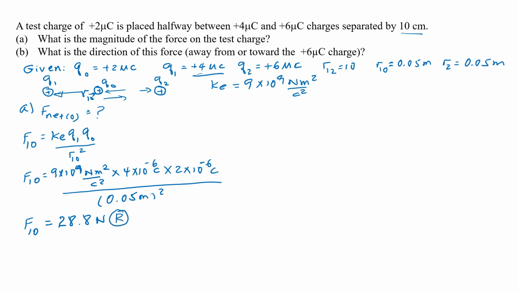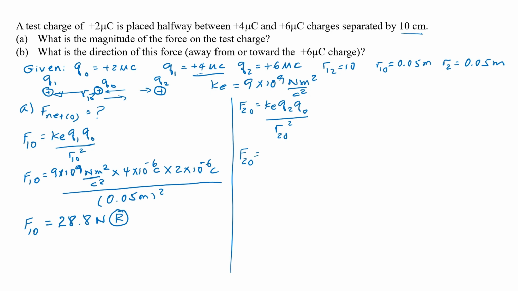What about the force exerted by Q2 on the target charge? Let's call it F20. That's equal to the electrostatic constant times Q2 times Q0 over R20 squared.